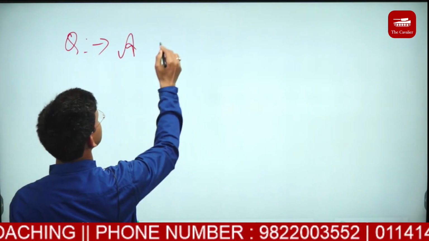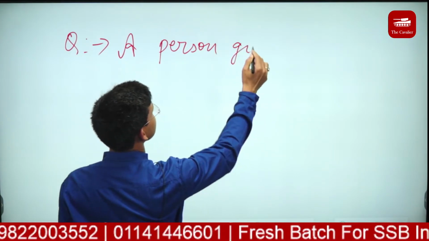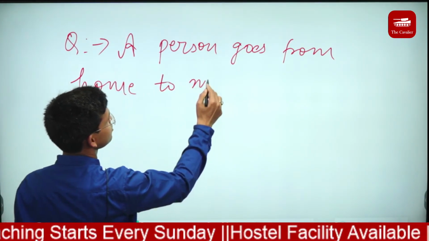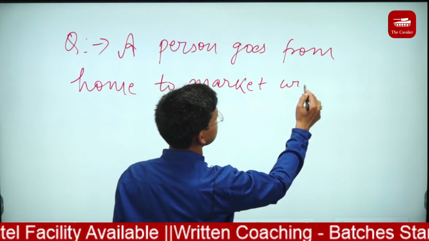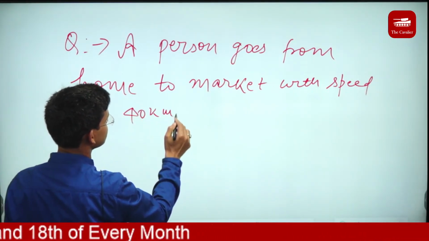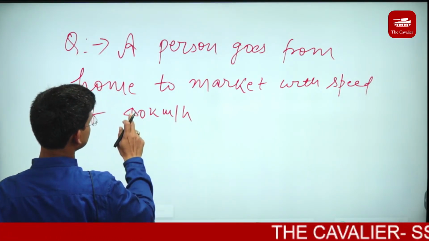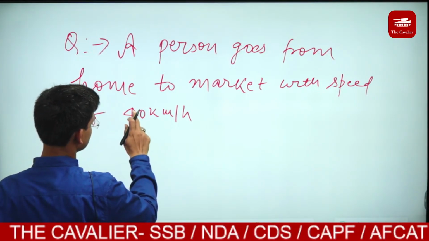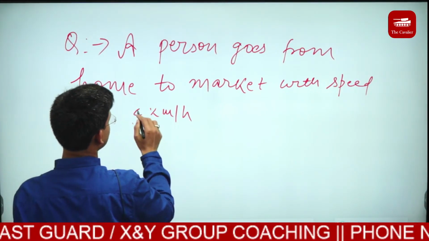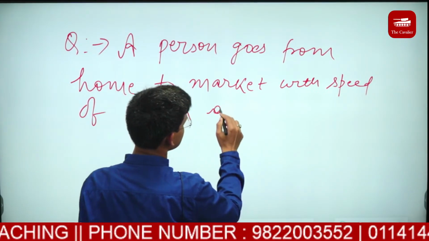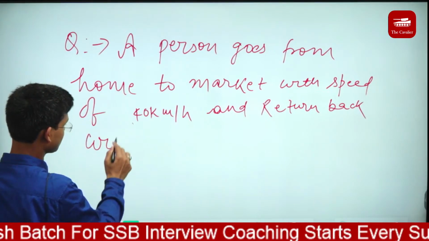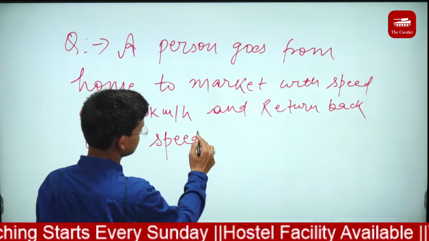Now we come to the questions. Question is, a person goes from home to market with a speed of 40 km per hour, and returns back with a speed of 60 km per hour.